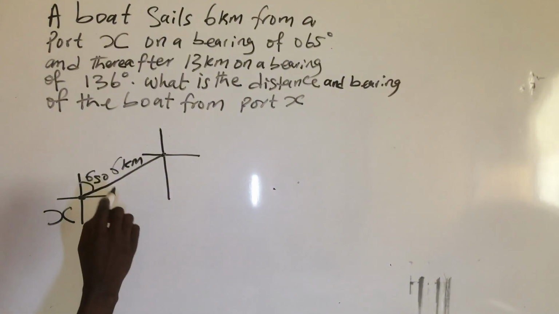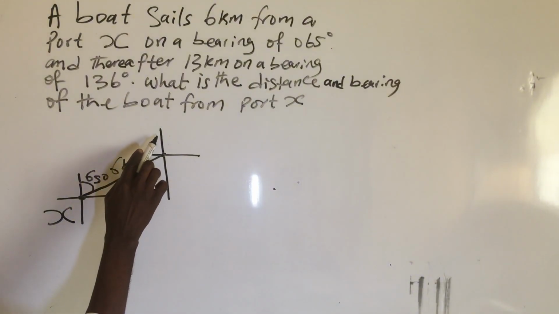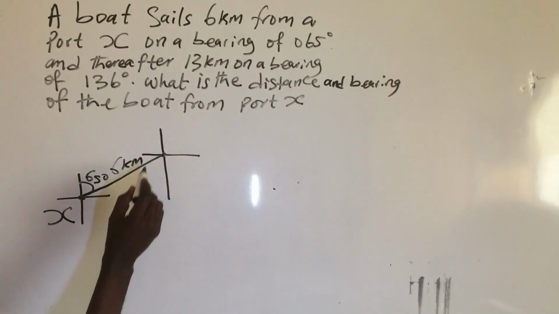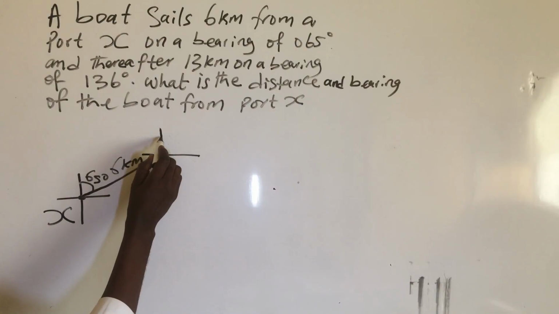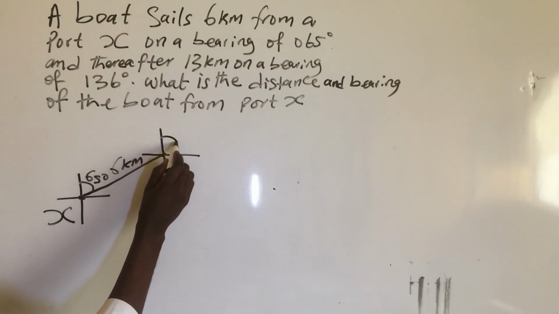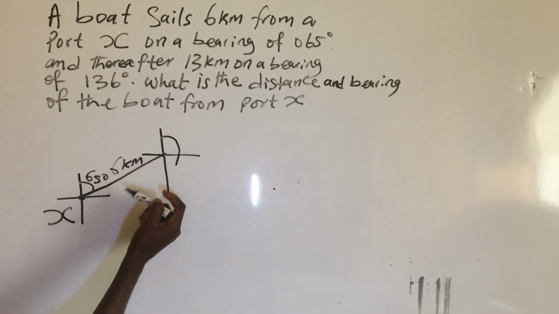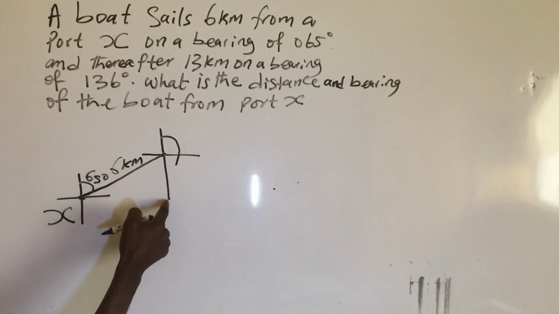Remember that we take our direction from the north side moving clockwise to get 136. Now, it changes its direction, moving from north clockwise 90 degrees, okay, here, and moves down. You cannot reach here because to this place is 180, because here is 90 again.